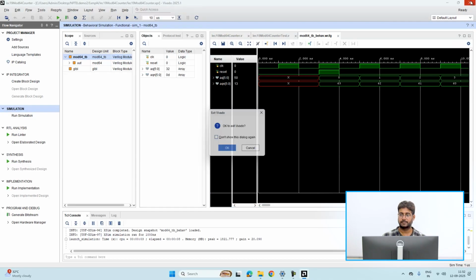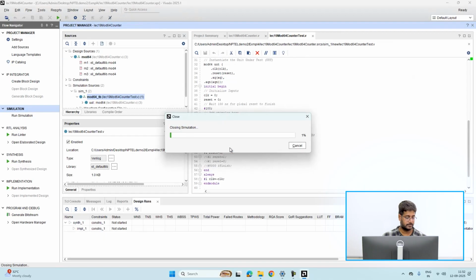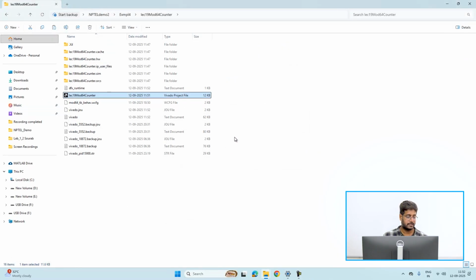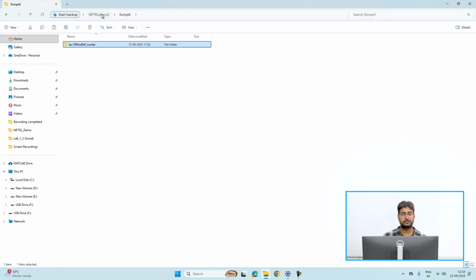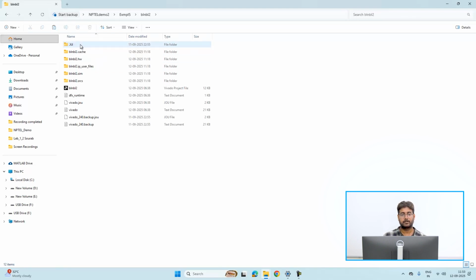Then we will move on to the next example, which will signify the importance of blocking and non-blocking statements. We will be demonstrating that using 4 different examples. And for swapping of bits, we will check how blocking or non-blocking helps in swapping.